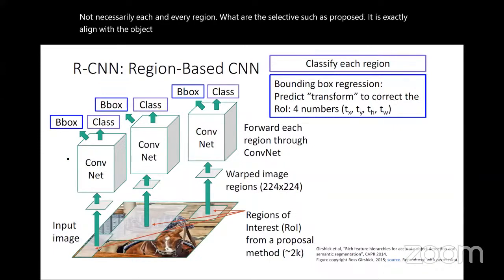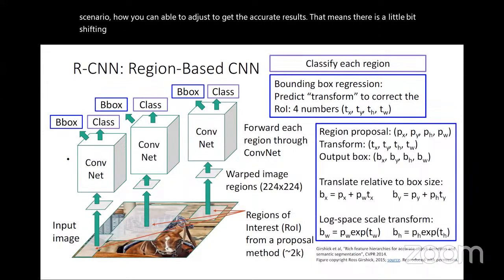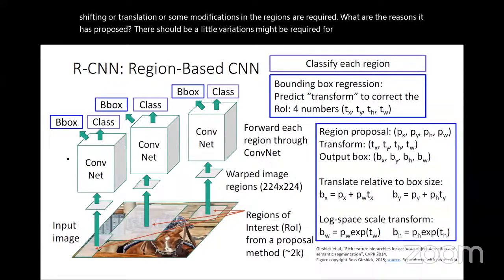There may be a small disturbance for sure. In that scenario, how can you adjust to get accurate results? That means a little bit of shifting or translation or some modification in the regions is required for proper loss calculation.